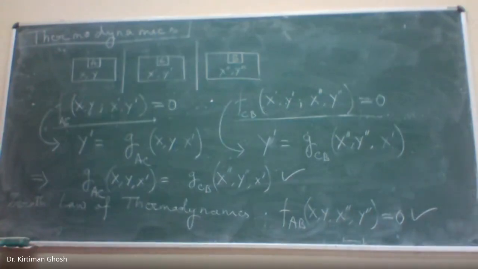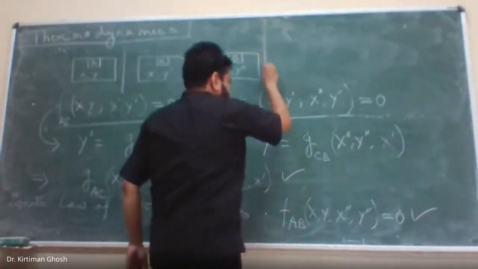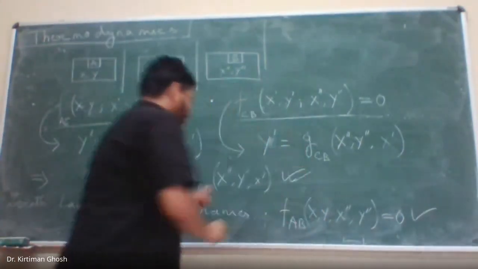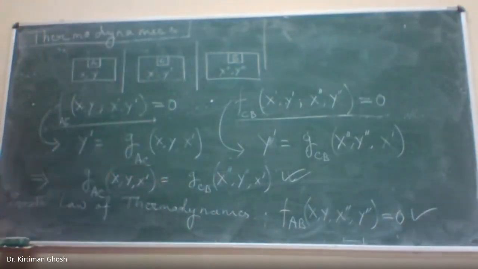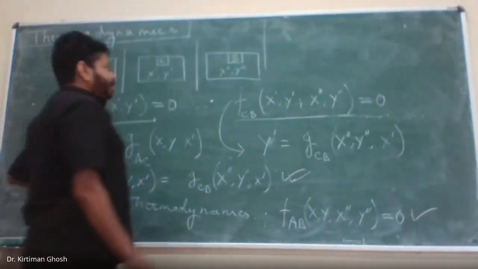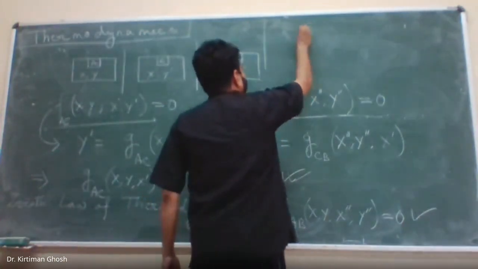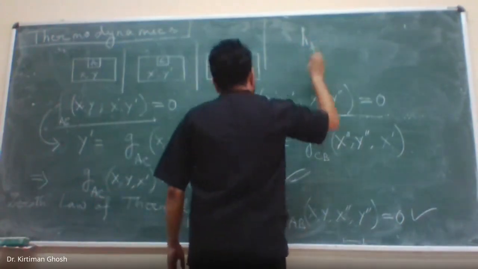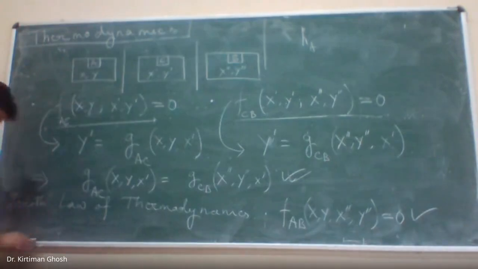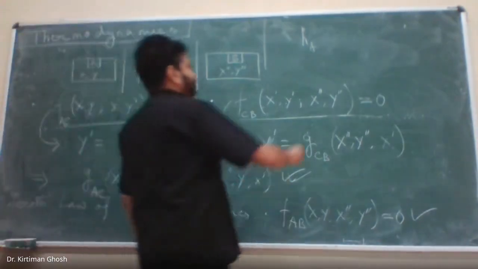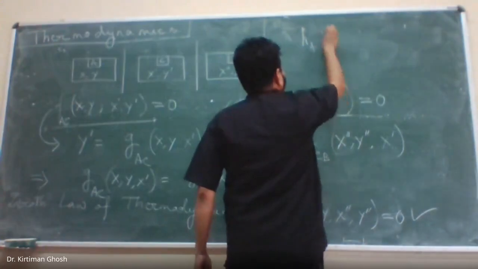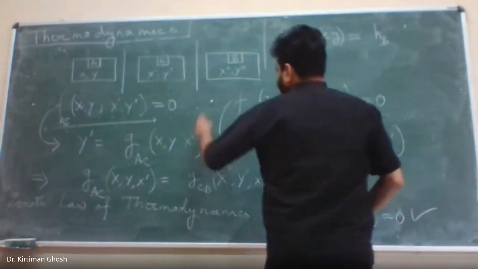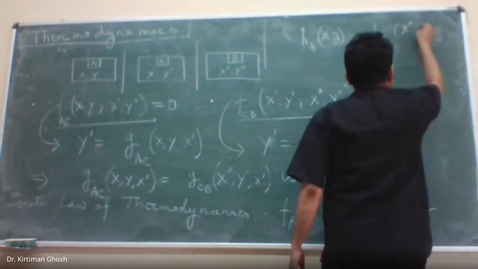If you eliminate x prime from this relation, together with this relation, you find that x prime should not be there, and you obtain a relation of this form: some function h for system A, which is a function of x and y, should be equal to some function h of B for system B, which is a function of x double prime and y double prime.